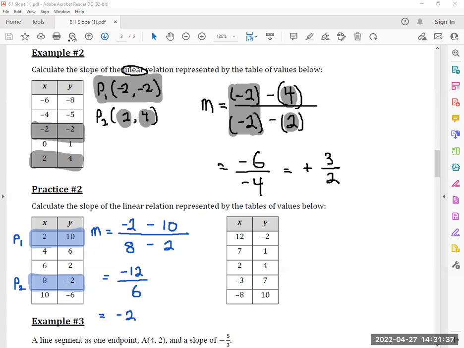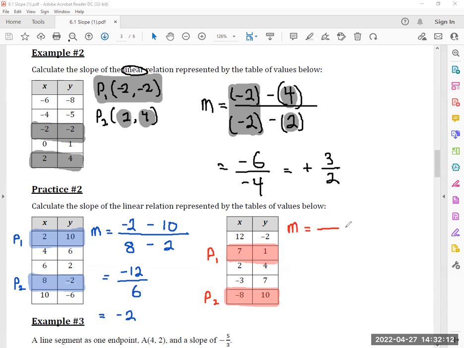Someone else want to offer me their random points? Patrick, choose 2 points for me. -8 and 10. Give me another one. 7 and 1. Okay. Taking that, let's call this point 2, and that point 1.